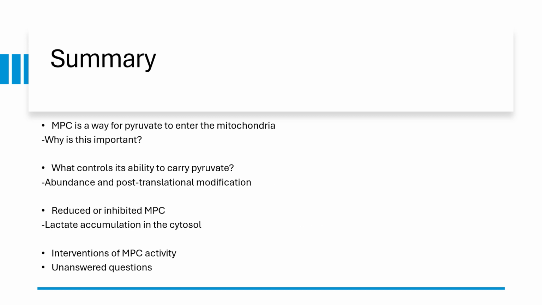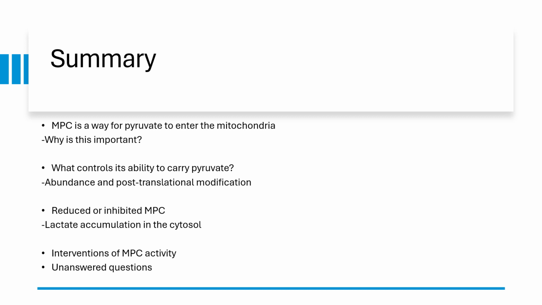So, in summary, the MPC is a way for pyruvate to enter the mitochondria, and we learned why this was important. And we also learned what controls its ability to carry pyruvate, which was its abundance and post-translational modification. We also learned about reduced or inhibited MPC and how that can be the result of lactate accumulation in the cytosol, which occurs from the uptake of glucose or increased uptake of glucose.